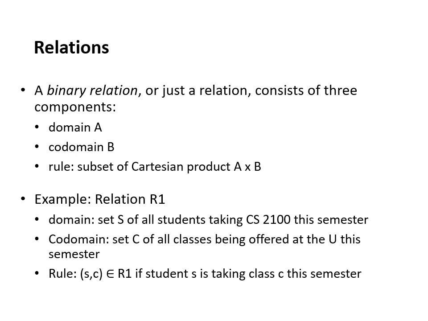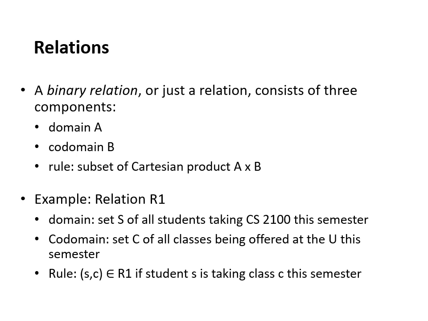Okay, so we introduced functions. Next, I'll introduce another concept called relations. And we'll start with binary relations. So a binary relation, or just a relation, consists of 3 components: domain A, codomain B, and a rule which is a subset of the Cartesian product of A and B. So here's an example, relation R1, where the domain is the set S of all students taking CS 2100 this semester.